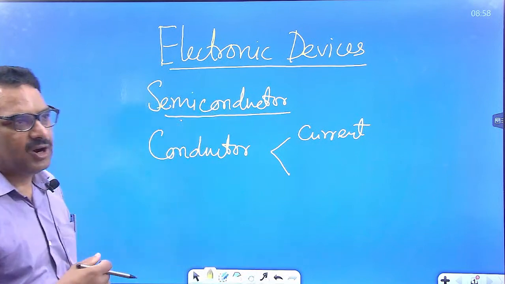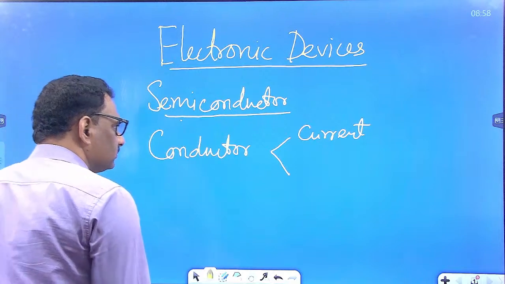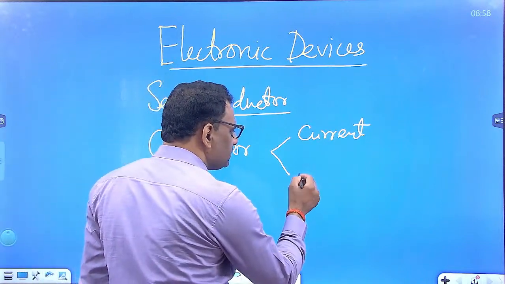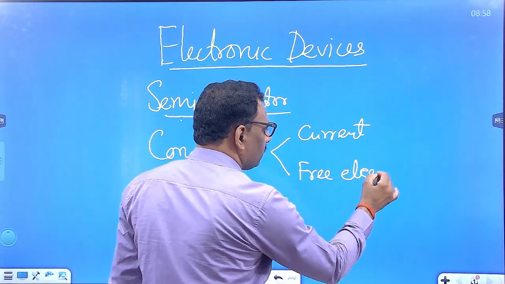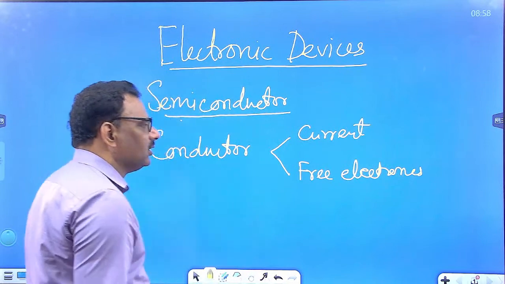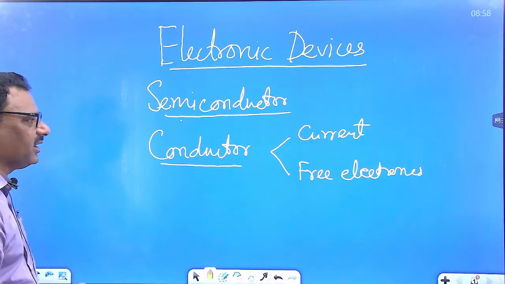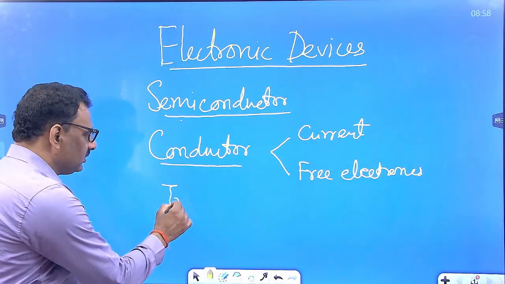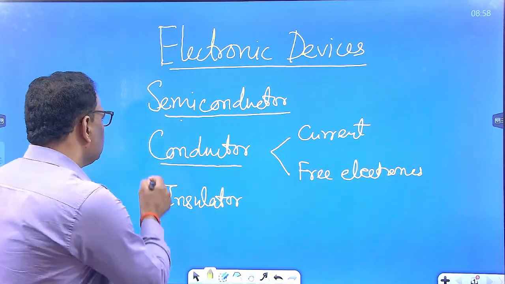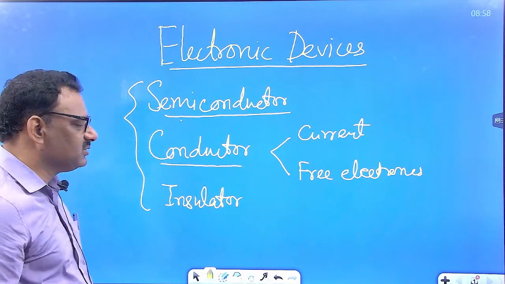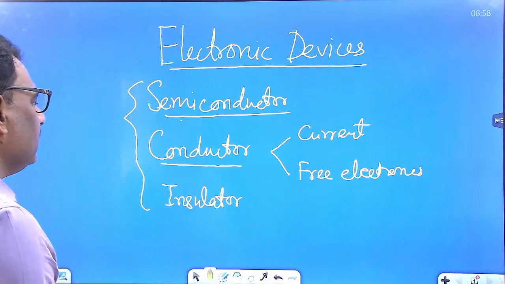Conductivity is the movement of the current through this material. And second thing is free electron. So now how is it different from the semiconductor, and third is your insulator. So how can we differentiate? What are the differences between these 3, semiconductor, conductor and insulator?